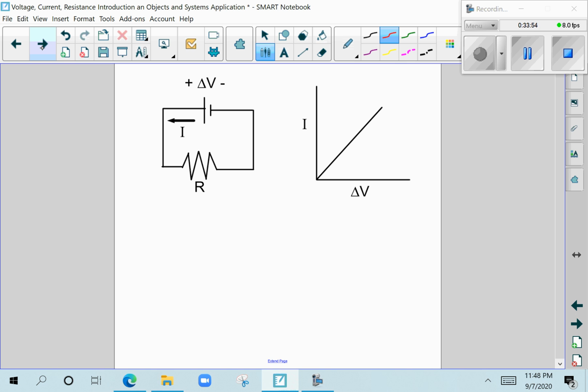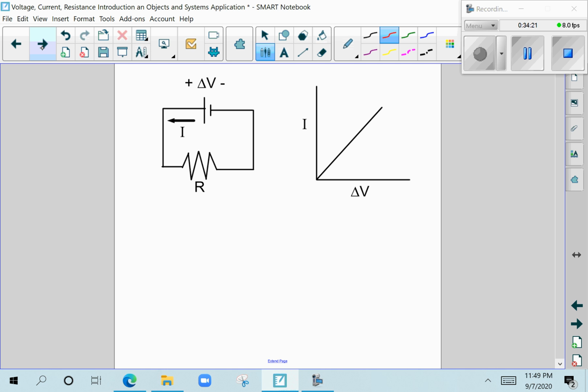Now let's talk about how fast the currents flow out of the battery. That is called our current, and the rate at which the current flows depends on 2 things, really. The amount of voltage or energy you have, and the amount of resistance that the roadway puts up to receive that energy.